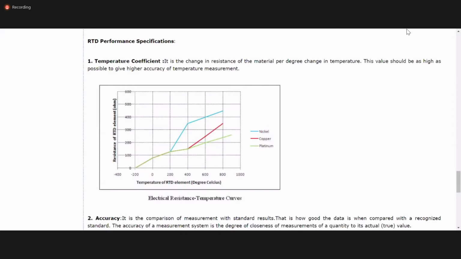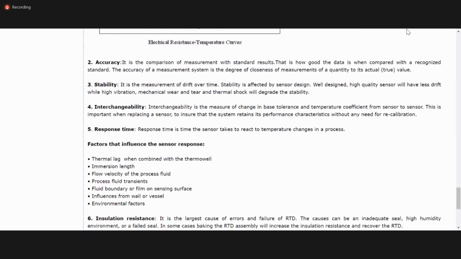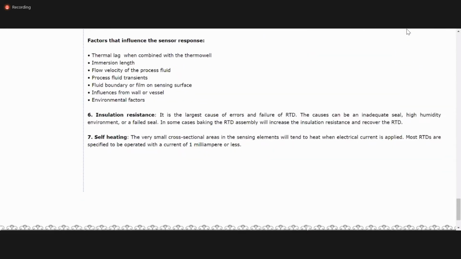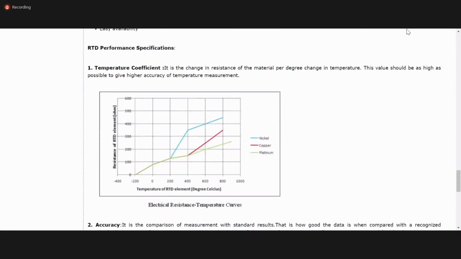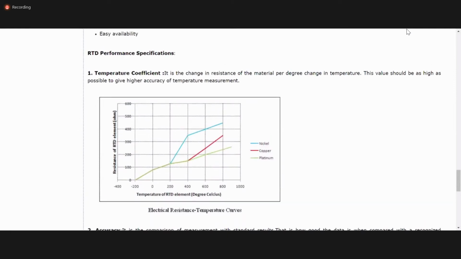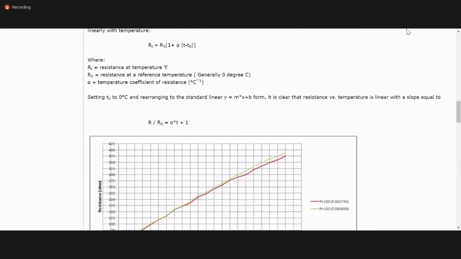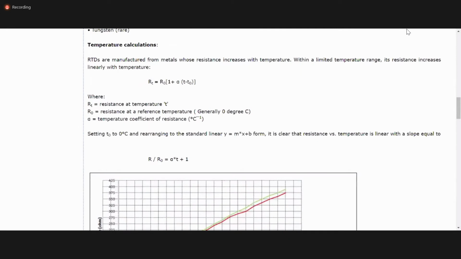Scroll down. We have nothing, sir. This is the last one. Okay, right. Show me the formula. Right. So temperature coefficient of resistance is different for copper, different for platinum. Okay. Right. Stop sharing.